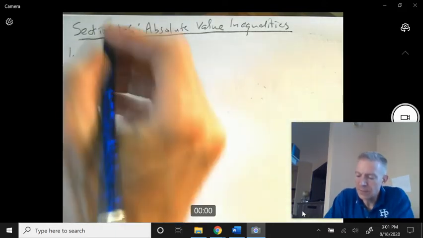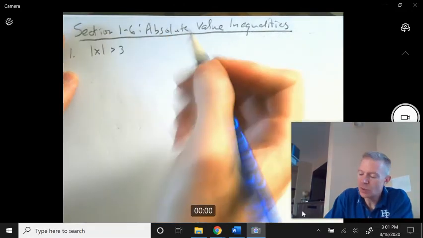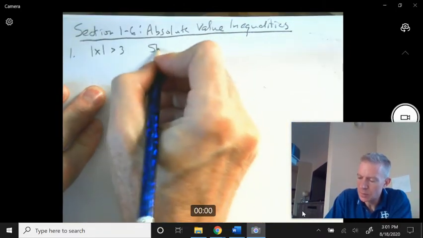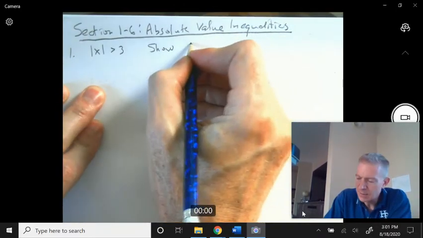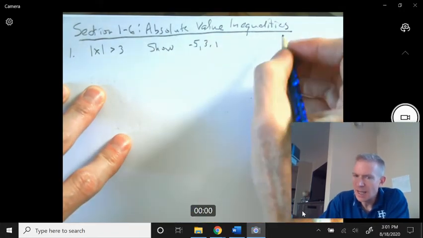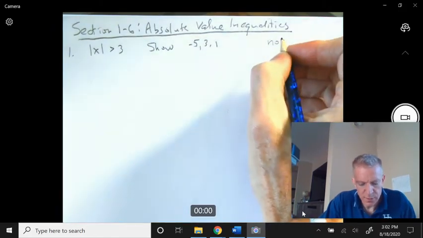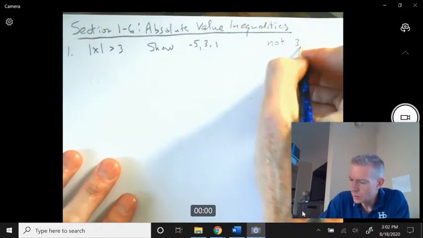The first one says, given that absolute value of x is greater than 3, show that -5 and 3.1 satisfy this, but that 3 and 2.9 do not.